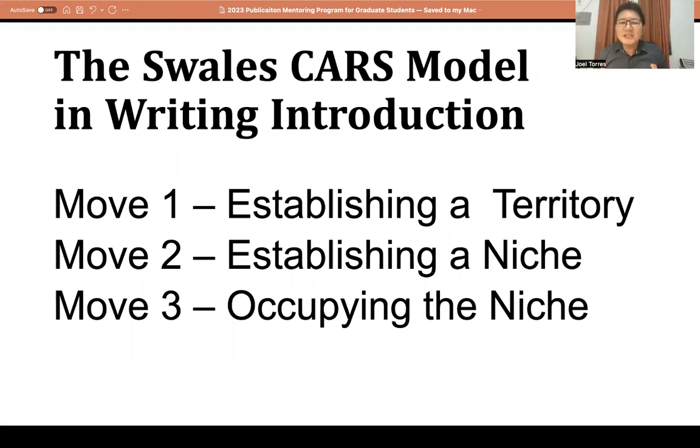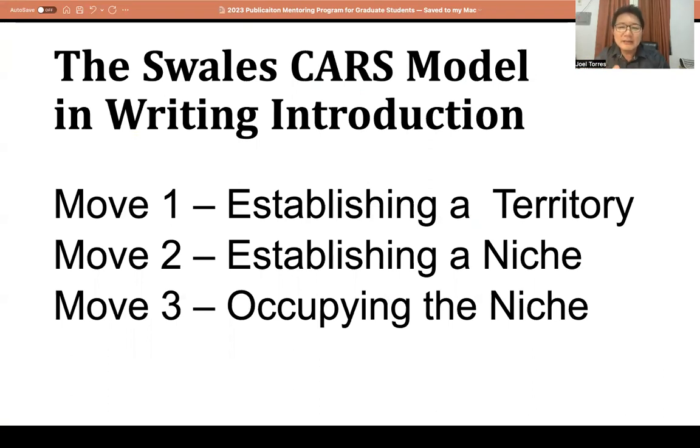In the Swales CARS model, there are 3 moves. In each of these moves, there are various steps. If we follow it right, we can ensure that our articles have a higher possibility of being accepted. The first move has to do with establishing a territory.